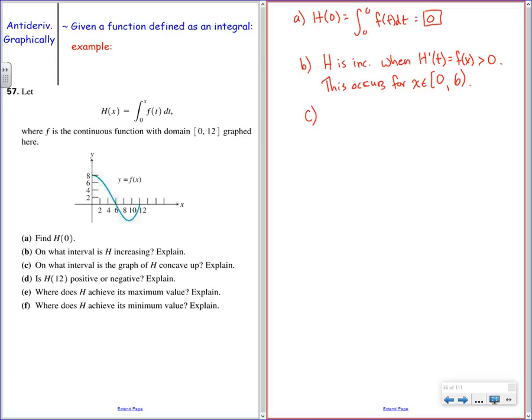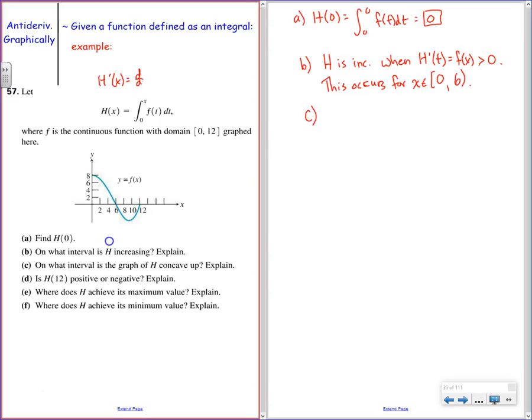Nope. h is the word. f of x is the derivative. So according to our forever card, h is increasing when its derivative is positive. Its derivative is just f. Its derivative is indicated by the y values of f.